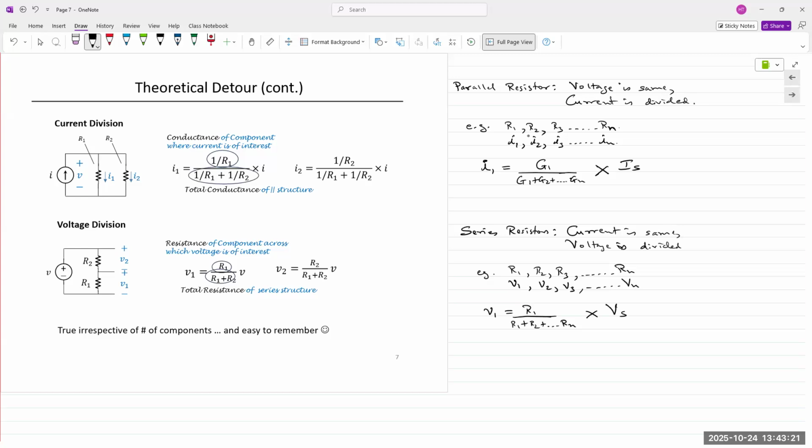Voltage and current division. Okay. Understanding that equation is the most important. After that, it's simply plug and solve. Any questions?